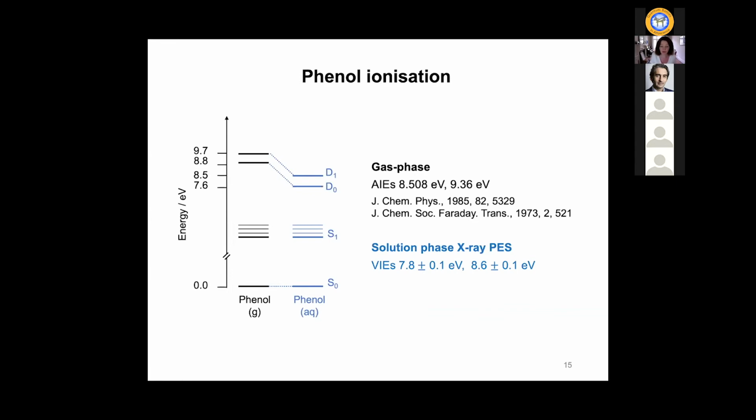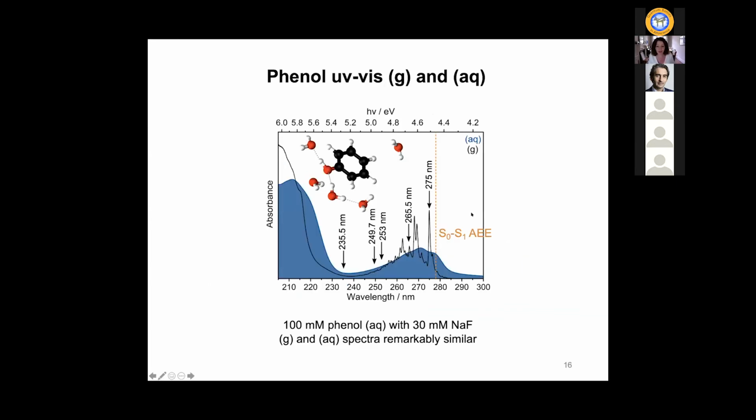So this was our first system that we set out to study and try and understand what was going on in UV photoelectron spectroscopy. Here I'm showing the gas phase UV-vis absorption spectrum, which is the black line with the sharp features on it, and the blue curve is the solution phase UV-vis spectrum.